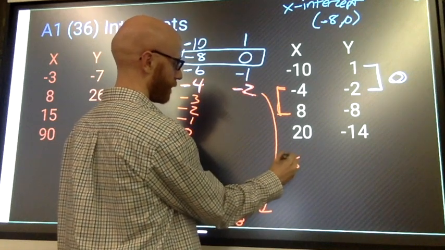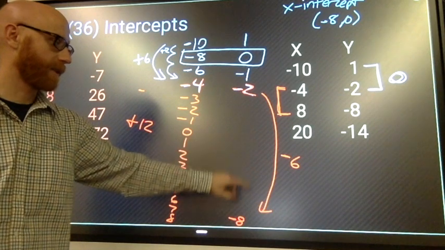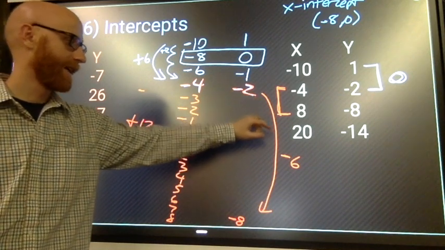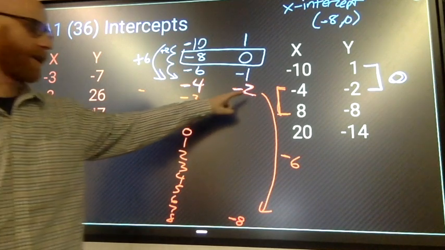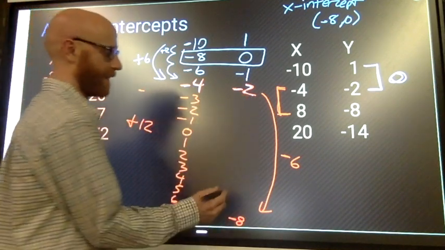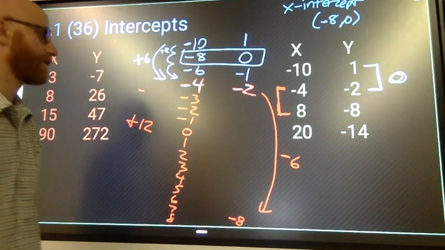All right. What size steps am I going to take? If I'm going to make 12 steps and only go down 6, that means that each step is going to be 1/2. All right, half steps.